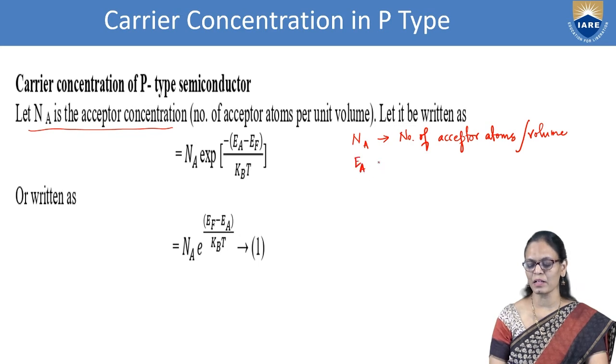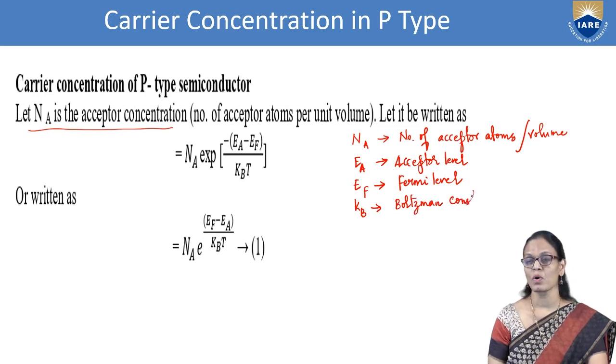Ea here represents the acceptor level. Ef is the Fermi level and kB here denotes the Boltzmann constant, whose value is 1.38 times 10 to the power of minus 23 joules per Kelvin.